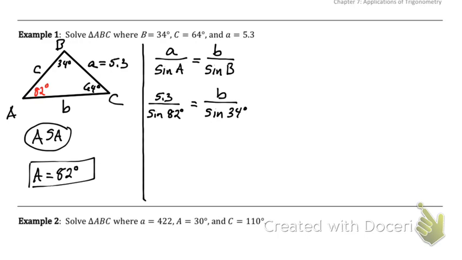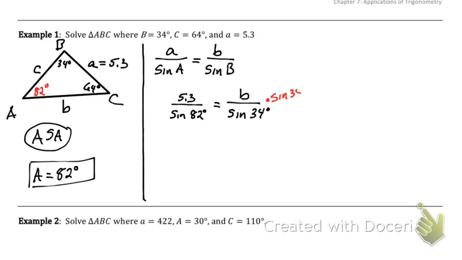I need b equals some number, so I need to multiply both sides by sine of 34 degrees. I'm going to shift this over just so I can show it, just for people that aren't sure what I'm doing. I'm going to multiply this side by sine of 34 degrees so that this cancels out, and multiply the other side by sine of 34 degrees.